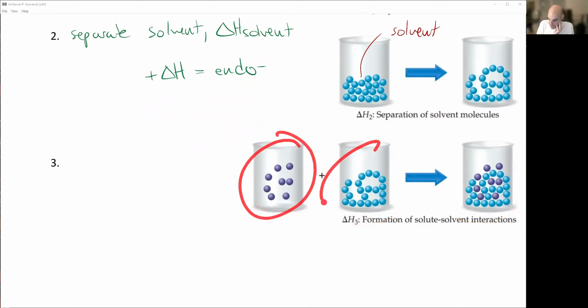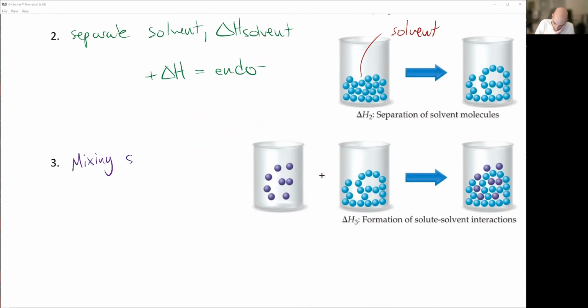So we broke these bonds and then we put them together and formed a bunch of bonds back. So when we mix the solute and the solvent, we get that energy back. And because of that delta H of mixing, we are creating a bunch of bonds by putting them together. That is an exothermic process because we are forming bonds, right?